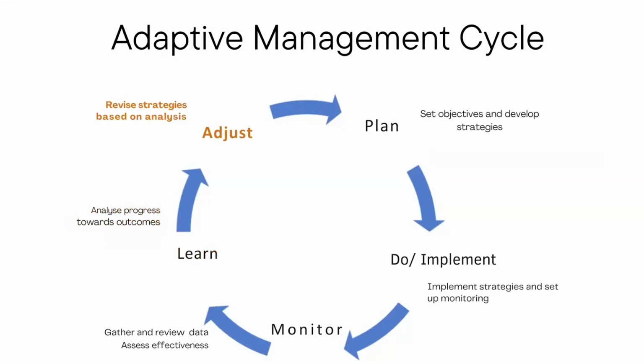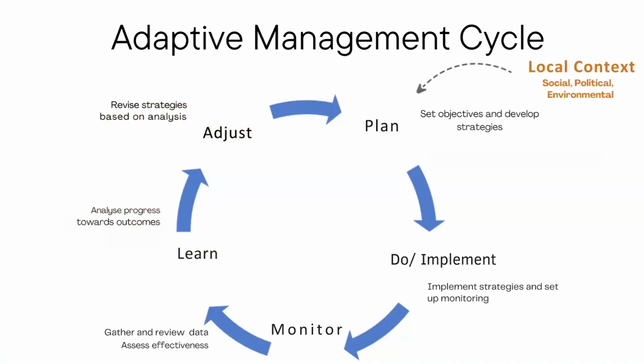And then finally, based on that learning, we will adjust our strategies so that we have a better chance of success going into the next cycle. And it's really because of this adjustment phase that it's called adaptive management. We're adapting our management based on what we learn.